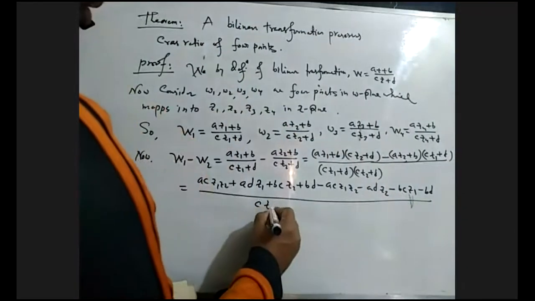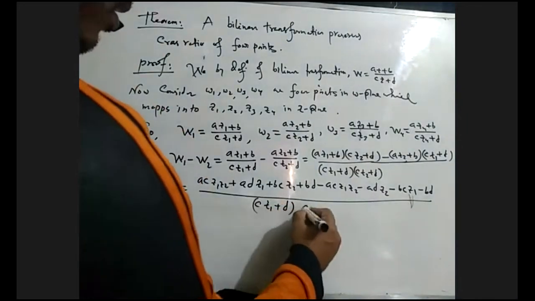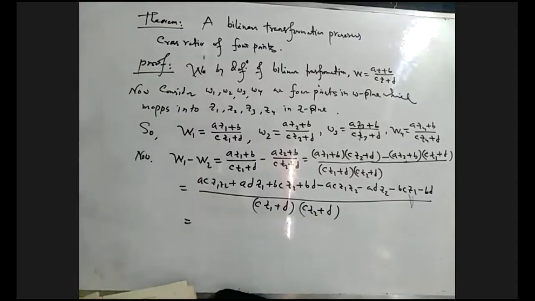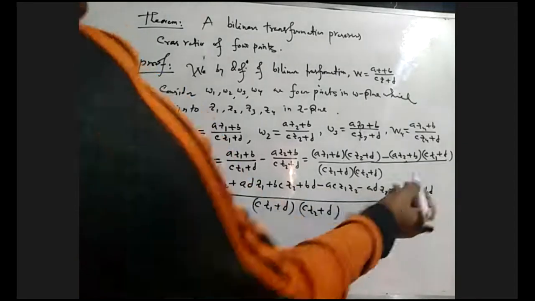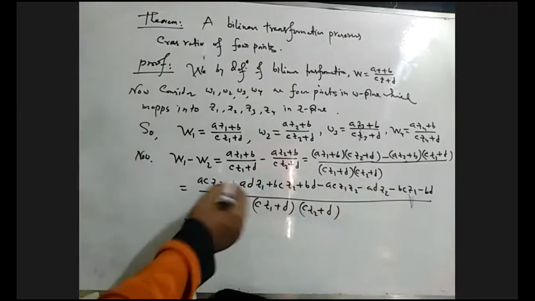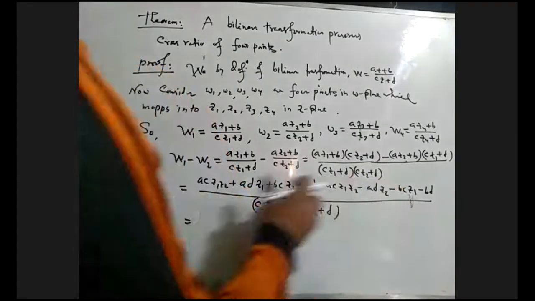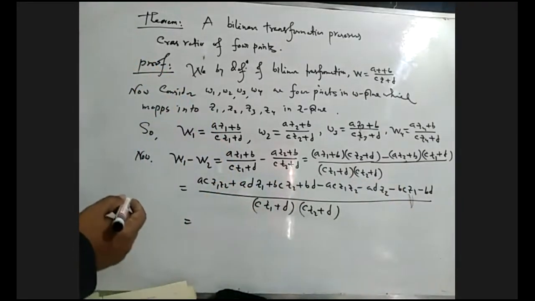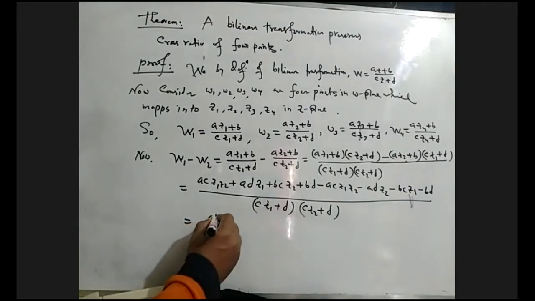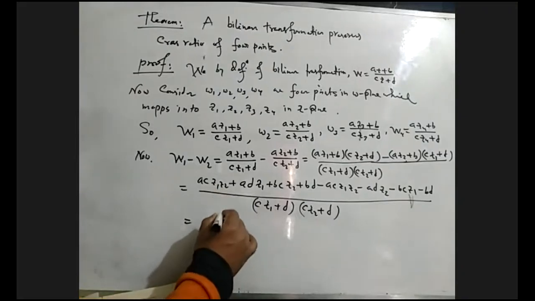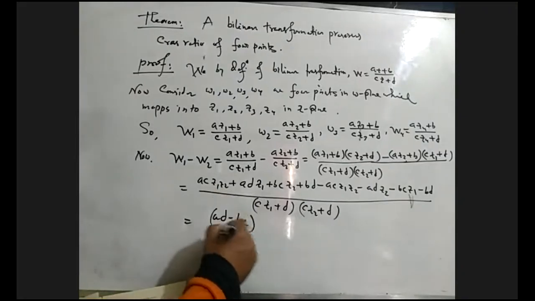Divided by (CZ1 plus D)(CZ2 plus D). Now from the numerator, BD will be cancelled, and AC Z1 Z2 will be cancelled. From the Z1 terms we get common AD minus BC.